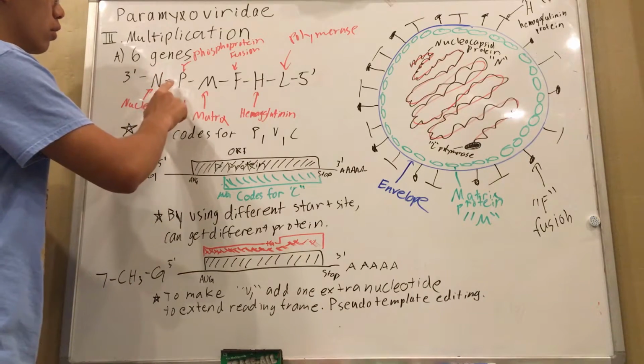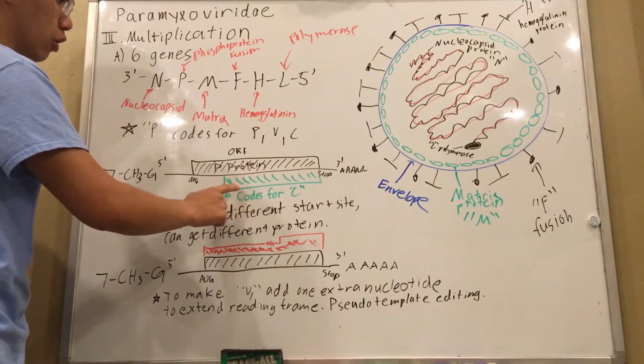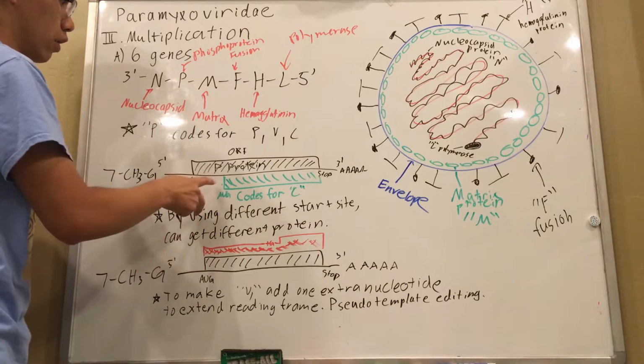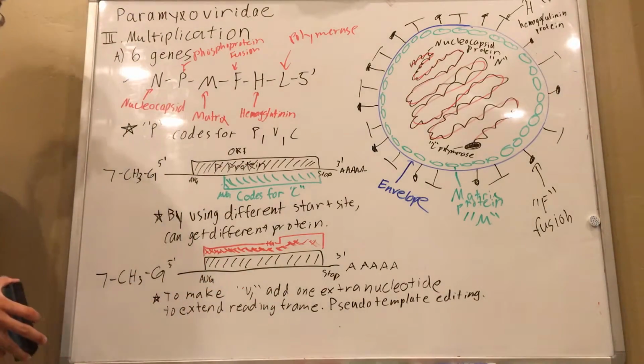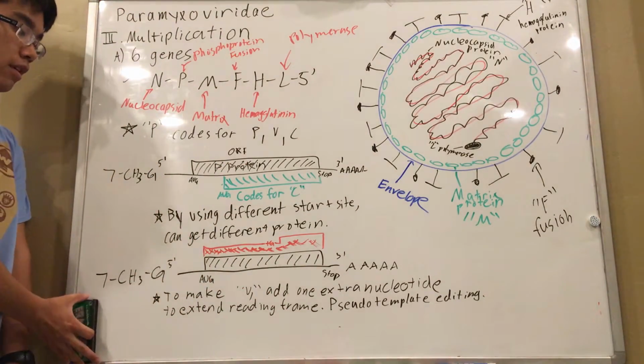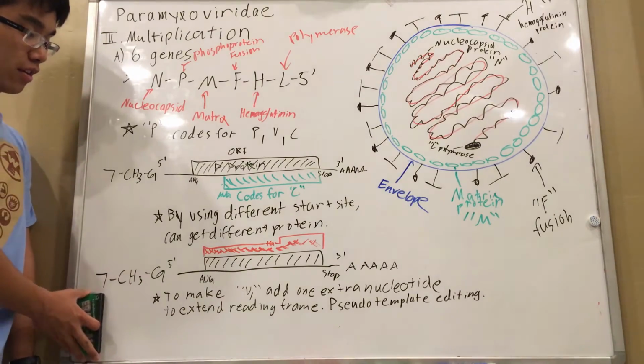And that's shown here. But in the replication of the genome, you don't have to worry about coding for C or V because they are innately encoded by P. I'll take a moment, copy this down. It's probably the prettiest my notes I've ever seen.